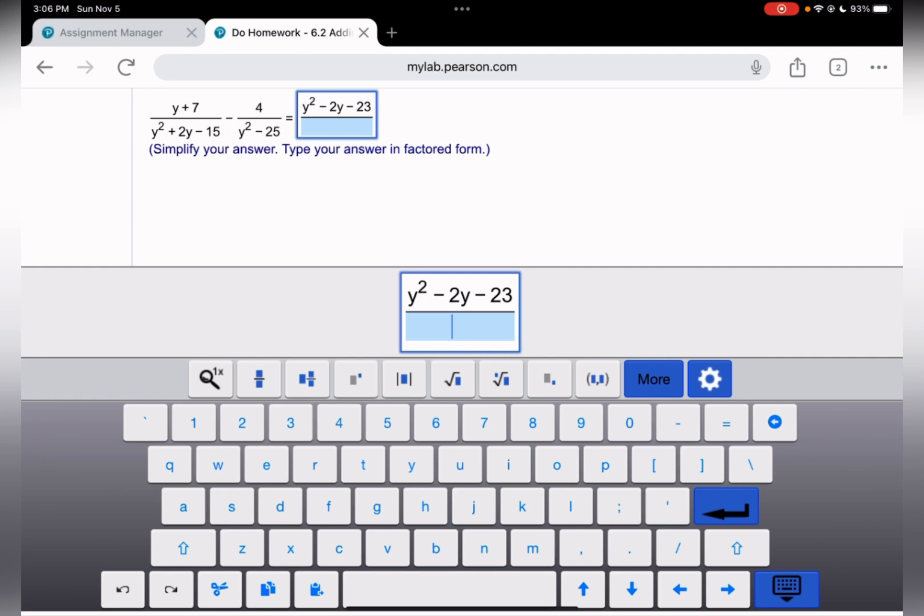At the bottom in the denominator we have y plus 5, closing parenthesis, opening parenthesis, y minus 5, and again opening parenthesis, and we have y minus 3.